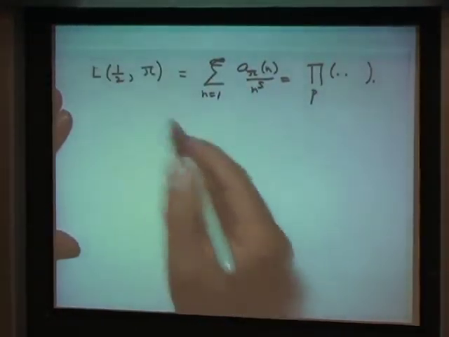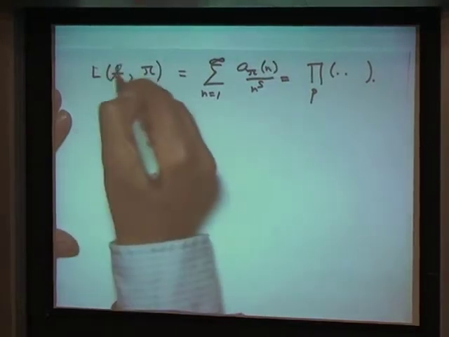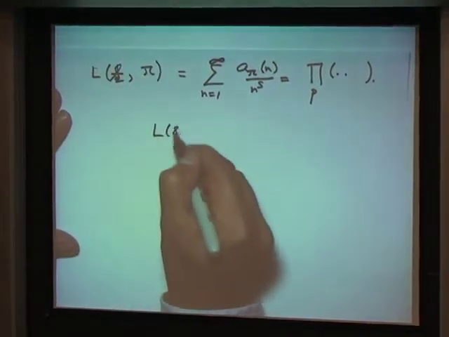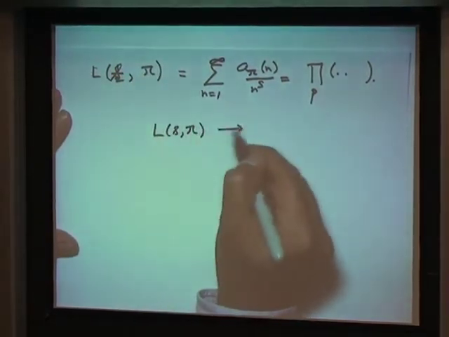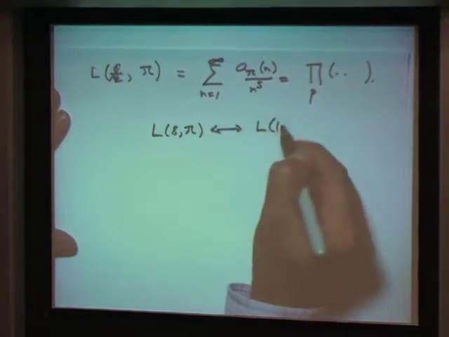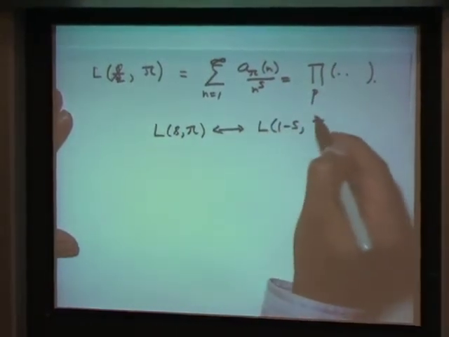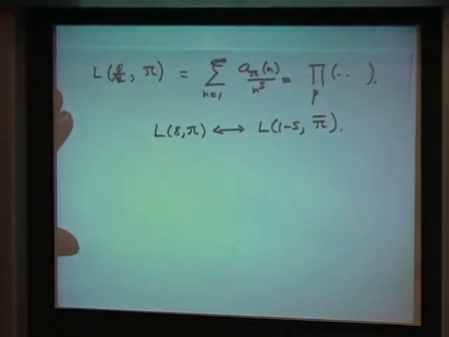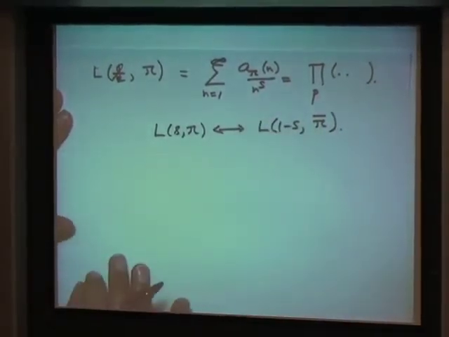And I'm going to assume that it has some functional equation. So you multiply by some gamma factors, and then there's a relation which connects this to L(1 minus s, π conjugate), basically, which most of our L-functions will satisfy.